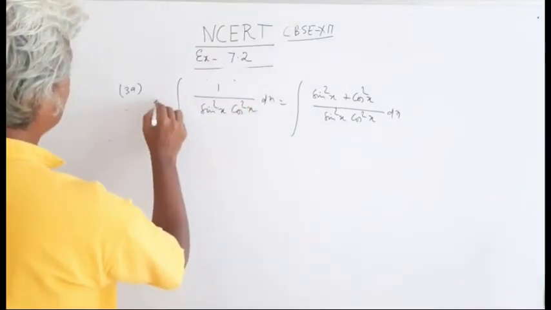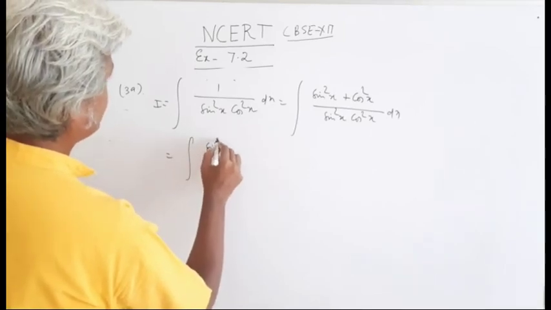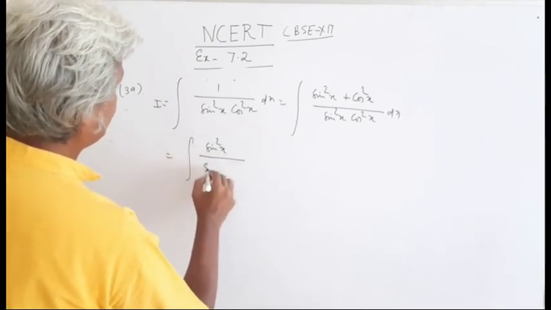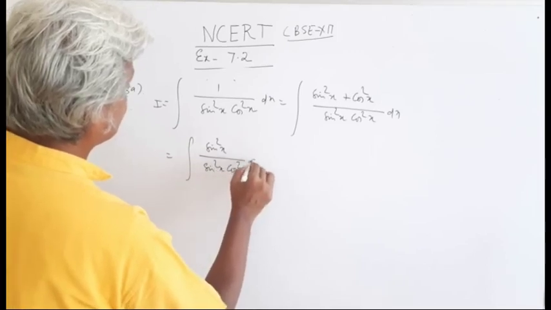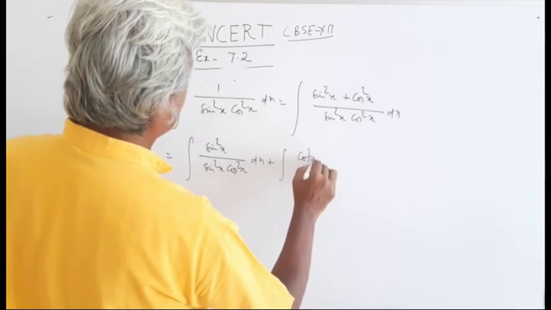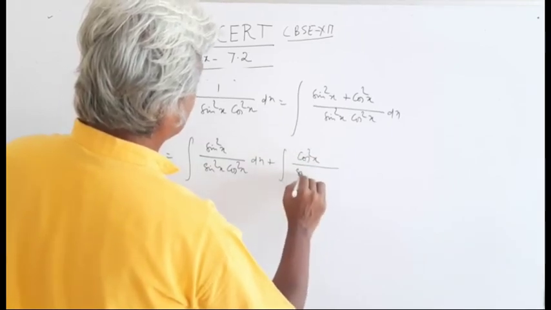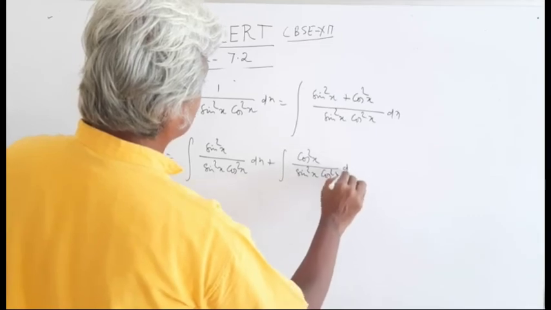Now if you resolve this into two expressions, you have integration of sine square x over sine square x cos square x dx plus integration of cos square x over sine square x cos square x dx.